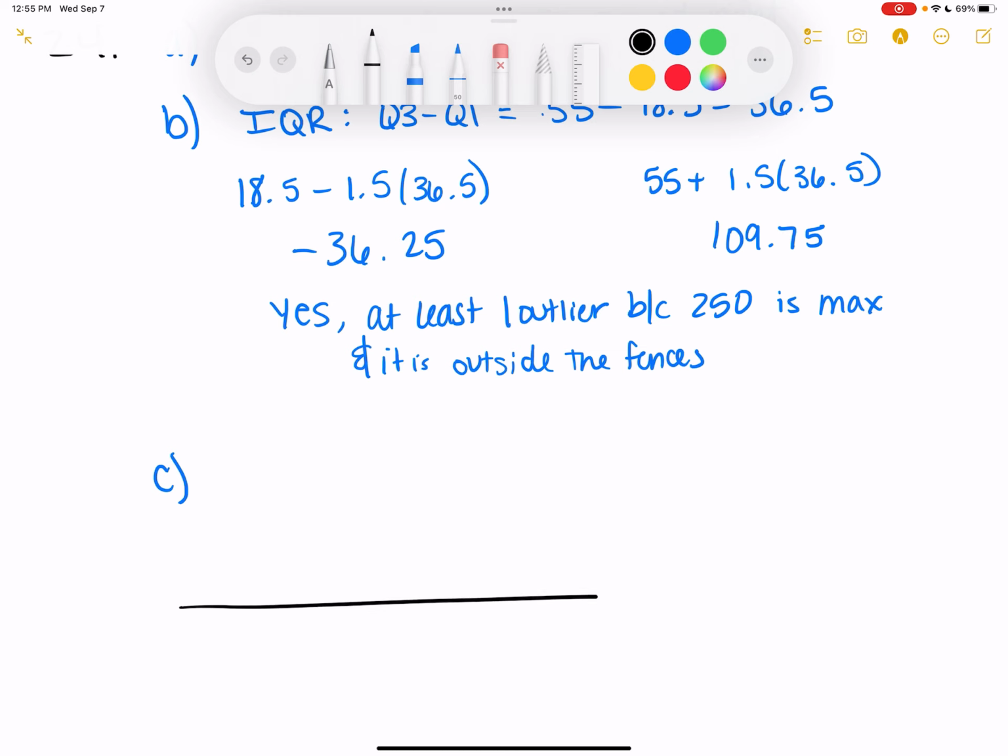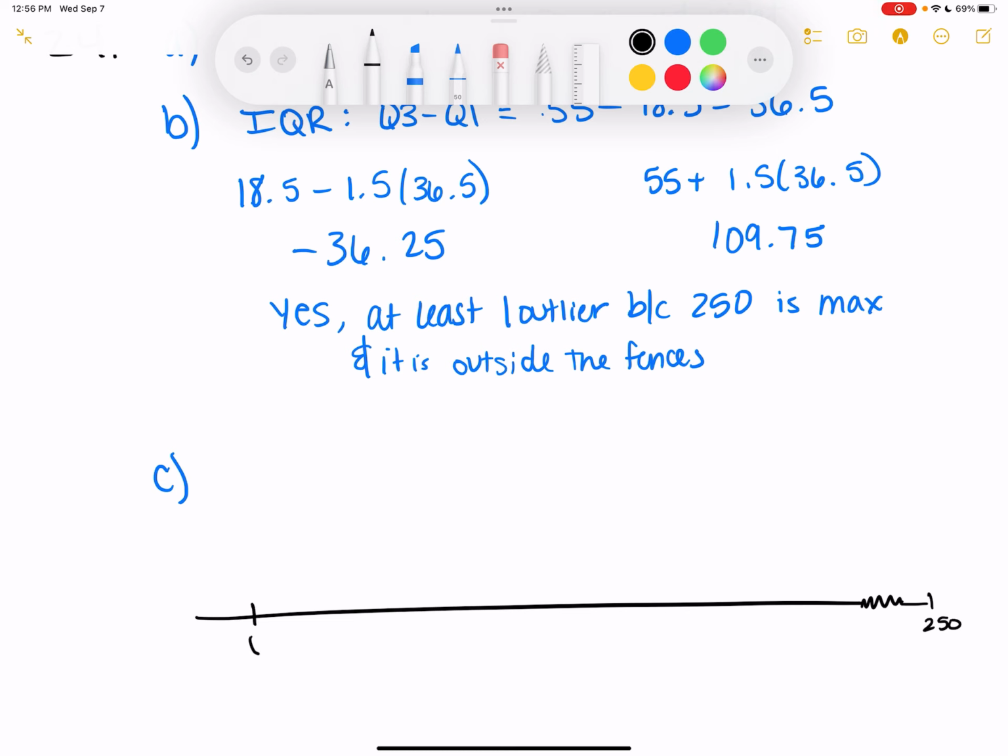And then we're going to draw the outlier at 250. So what we're going to do is draw a little gap here and then put 250 there. So I'm going to go 0, 20, 40, 60, 80, 100, 120, and then I'm going to let that be a gap to show that there's a gap in the data, because we don't want to draw out the whole thing.